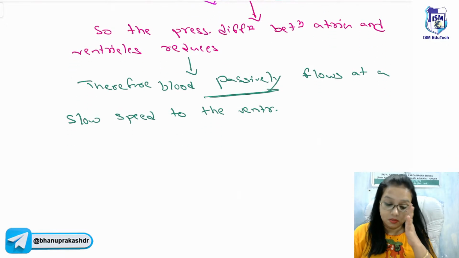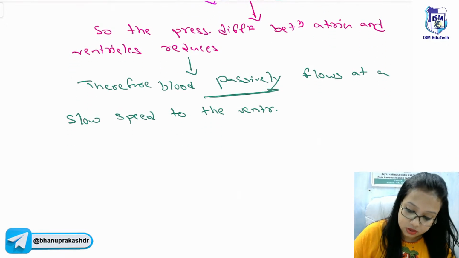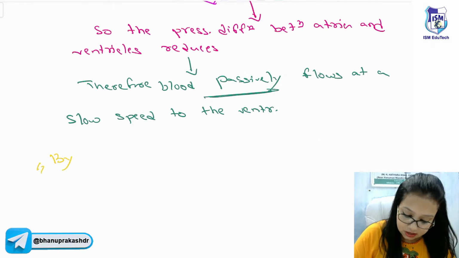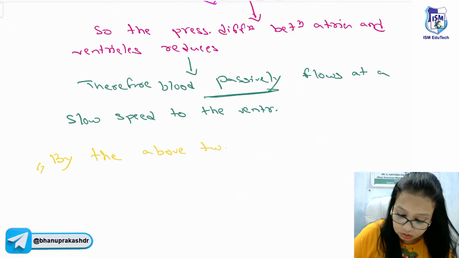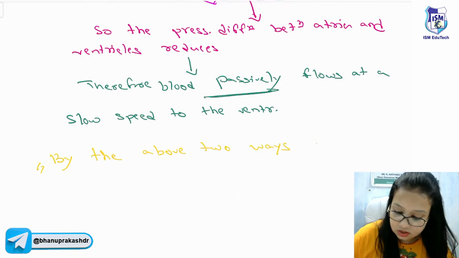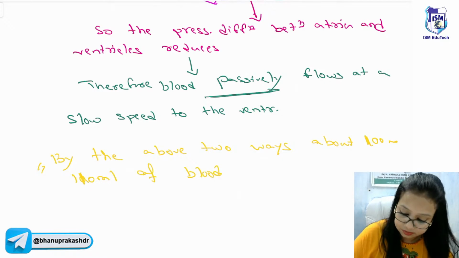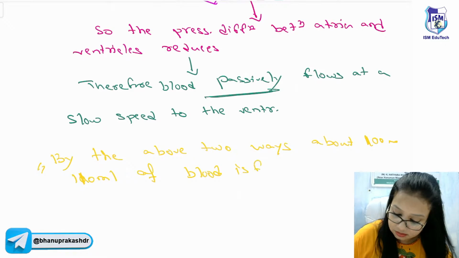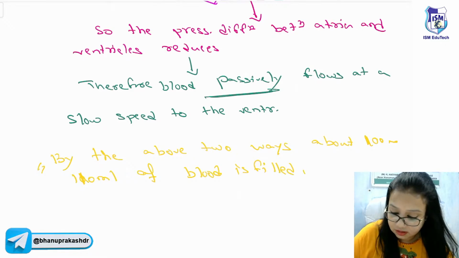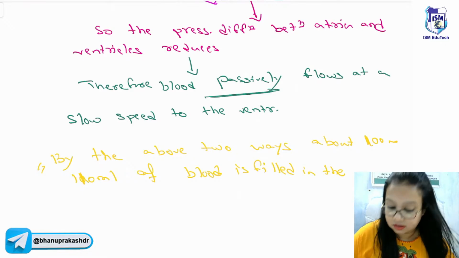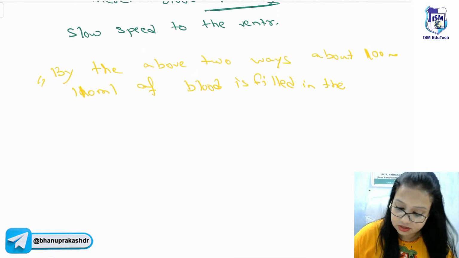Okay. Now, by these two processes, like by the above two ways, about 100 to 110 ml of blood is filled in the ventricles.